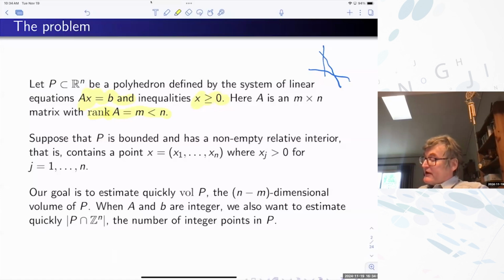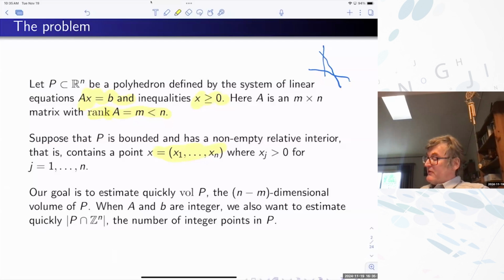And suppose that the polyhedron is bounded and has non-empty relative interior, which means that it contains a point where all coordinates are strictly positive. So the first goal is: from this data, can we approximate, maybe somewhat crudely but quickly, the volume?